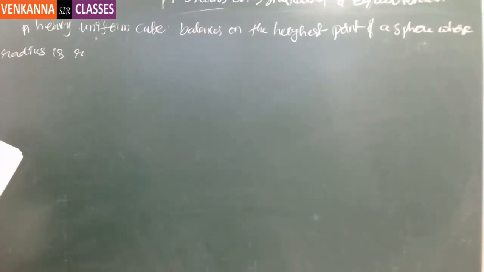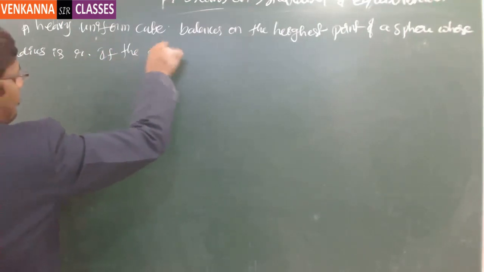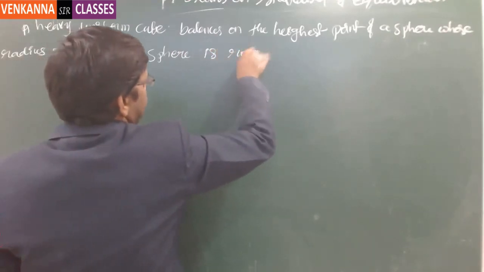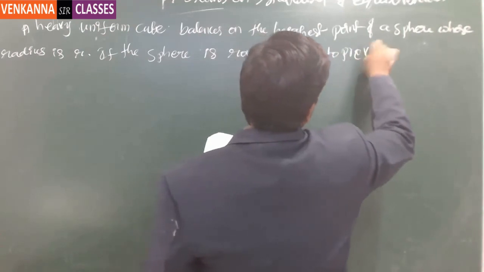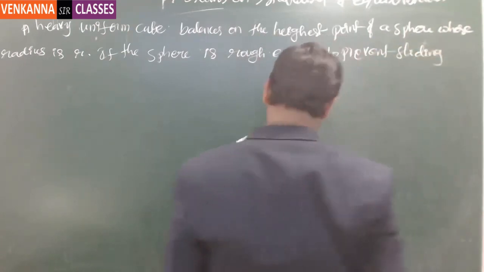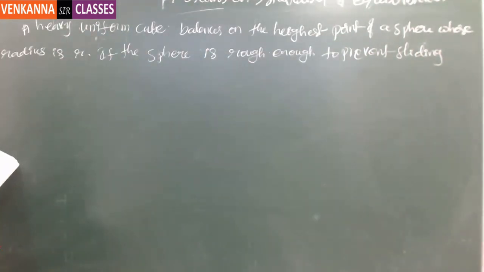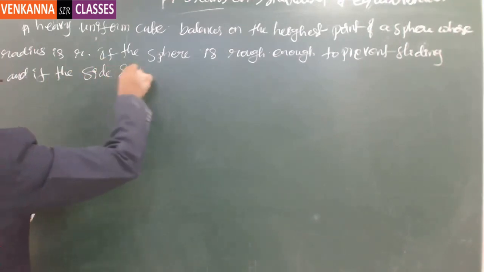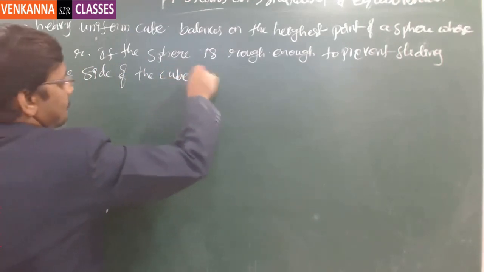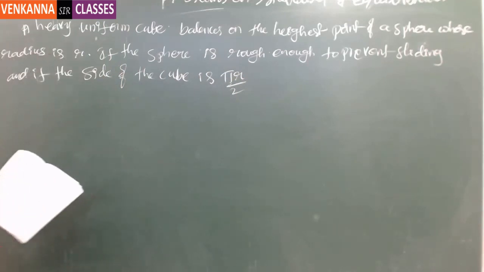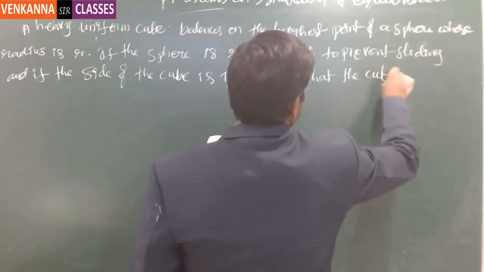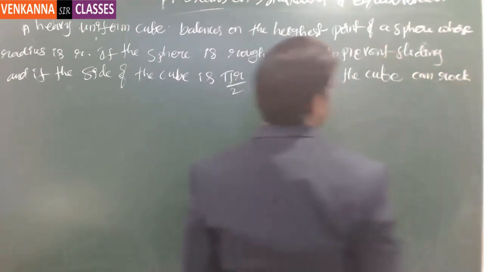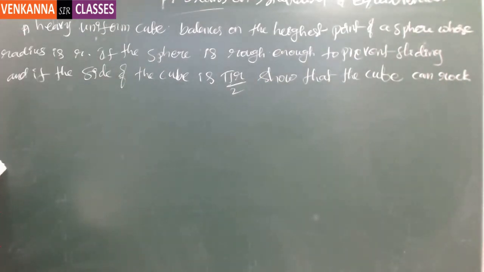If the sphere is rough enough to prevent sliding, and if the side of the cube is pi r by 2, show that the cube can rock through a right angle without falling.